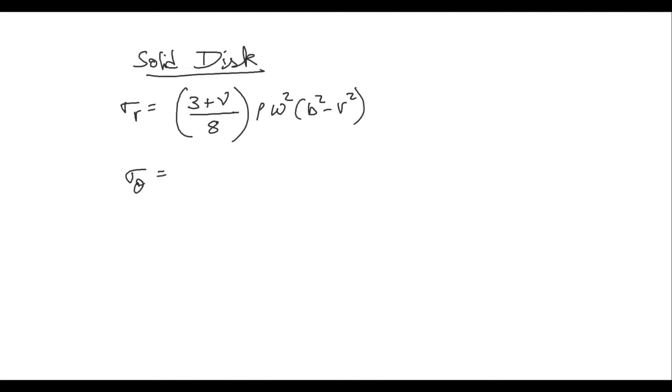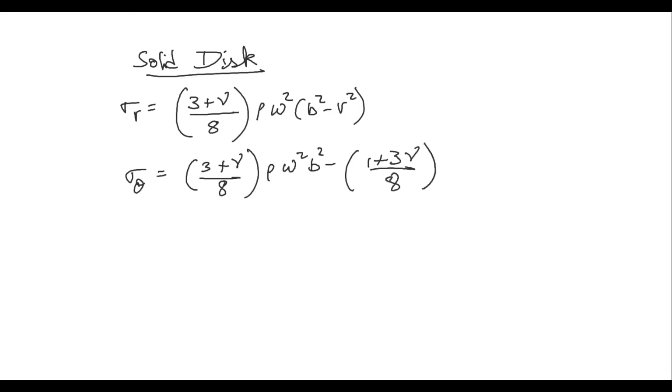Then sigma theta equals (3 plus Poisson's ratio) divided by 8 into rho into omega square into b square, minus (1 plus 3 Poisson's ratio) divided by 8 into rho into omega square r square.